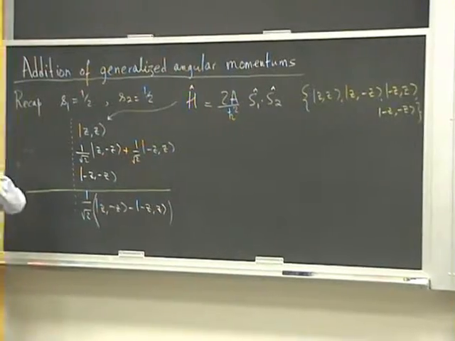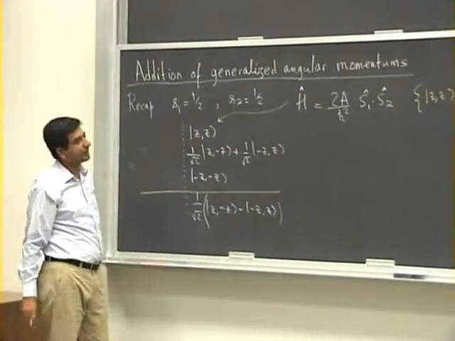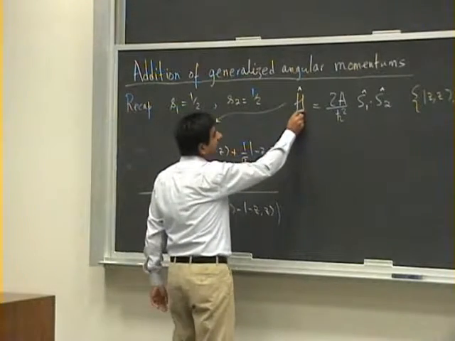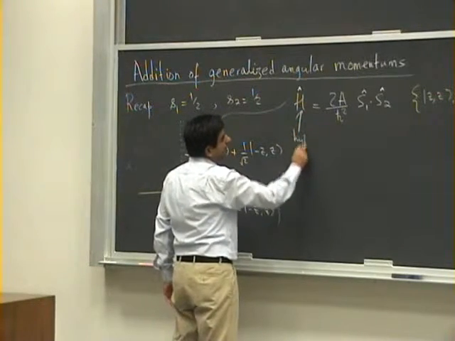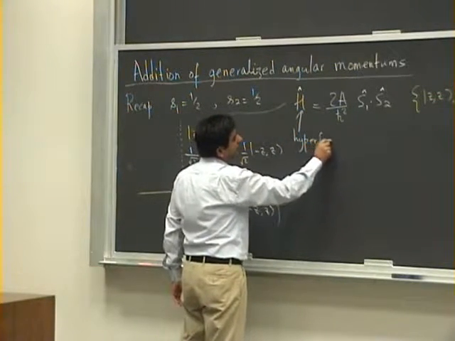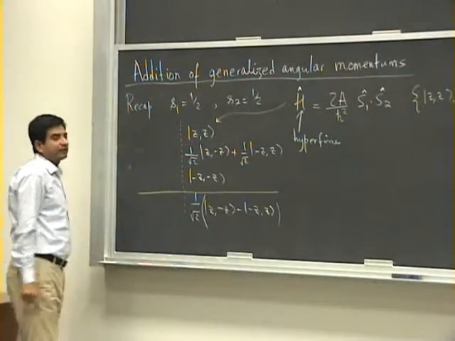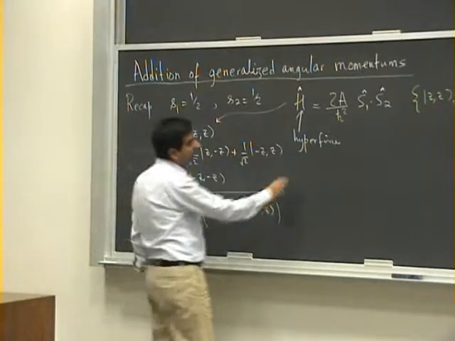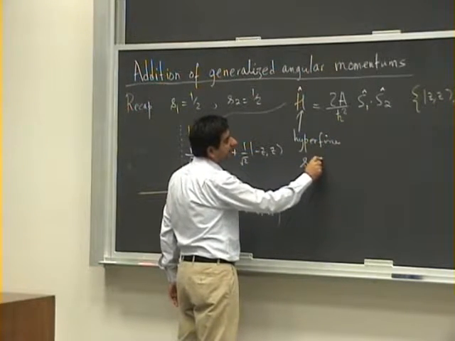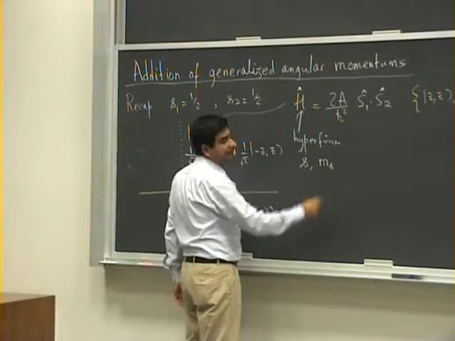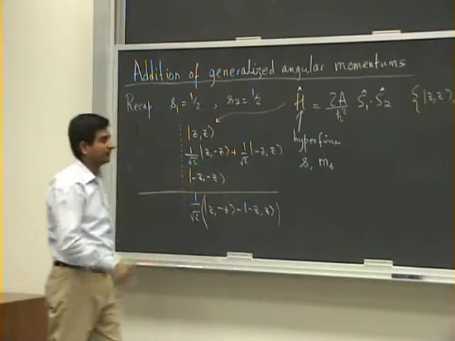These four states, which are the eigenstates of this interaction Hamiltonian, which we call the hyperfine interaction, correspond to certain values of the total angular momentum S and ms, which is the azimuthal component of the total angular momentum.